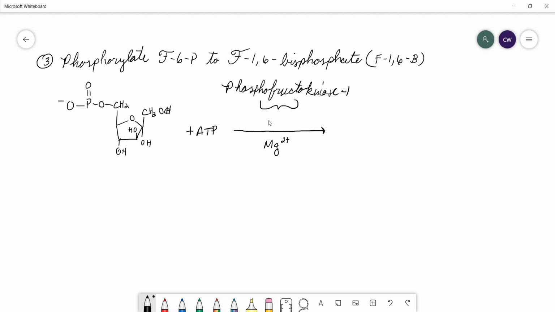And this is abbreviated as PFK1. What we get out of this, and I'm going to start using the shorthand here for our phosphate group, is our bisphosphated fructose.